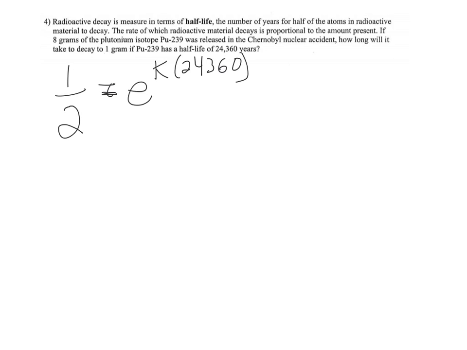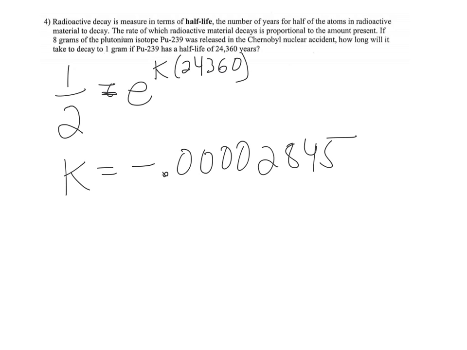I'm going to take the natural log. I'll divide that answer by the 24,360. I came up with a k value of negative 0.00002845. And then I start with 8 grams, and I want to know when is that 8 grams equal to 1 gram.